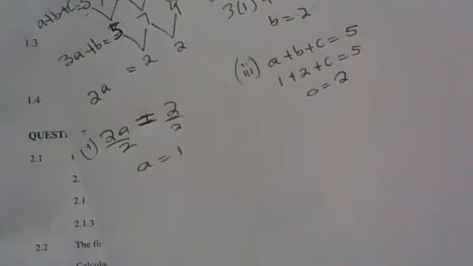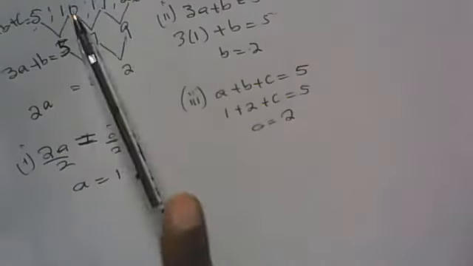I'm going to show you. 2.1.1. Then what do we do? Write down the next 2. The next 2 should be term number 5 and term number 6.